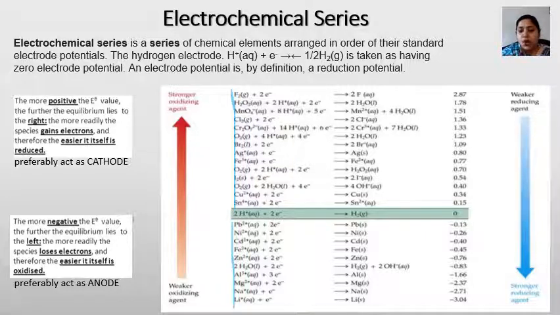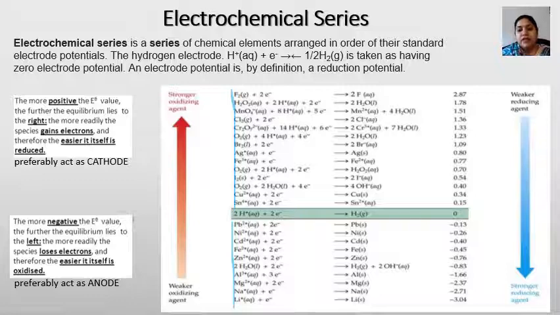All the elements which are present above hydrogen are strong oxidizing agents, having a tendency to get reduced very easily, whereas all the elements below hydrogen, which show a negative value of electrode potential, are weaker oxidizing agents and have less tendency to get reduced.